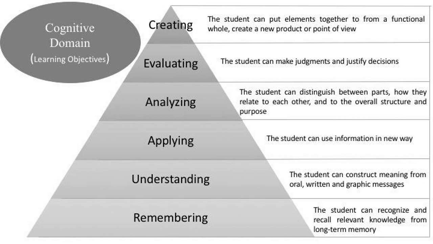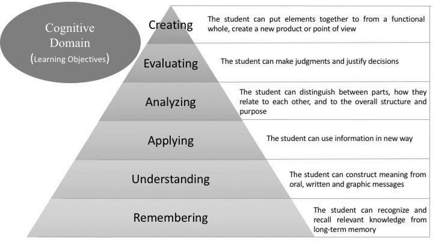As you see in the figure, the cognitive domain can be classified into six levels, which are remembering, in which the student can recognize and recall relevant knowledge from long-term memory. Understanding, the student can construct meaning from oral, written, and graphic messages.